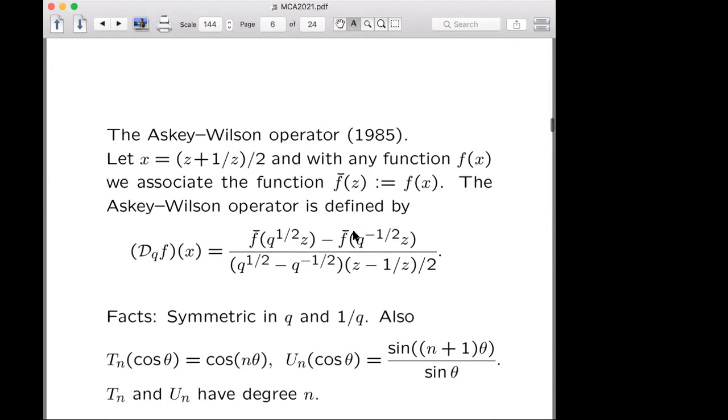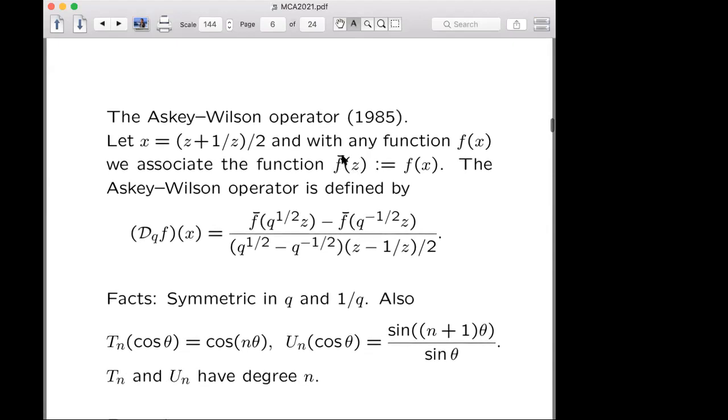And what the Askey-Wilson operator does is you take this f check and you dilate it with q to the half and q to the minus a half. And then you do the dilation on the identity function, e of x is x. If you calculate what that is, that's what this thing is.